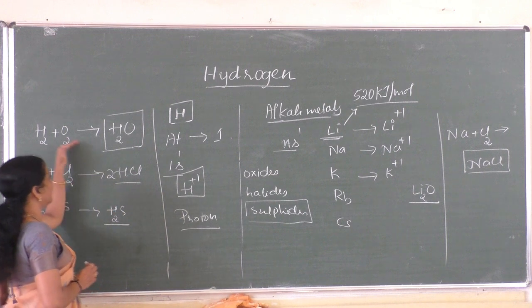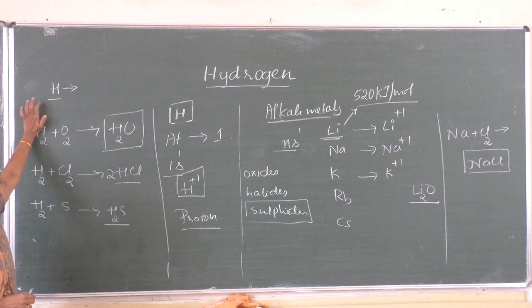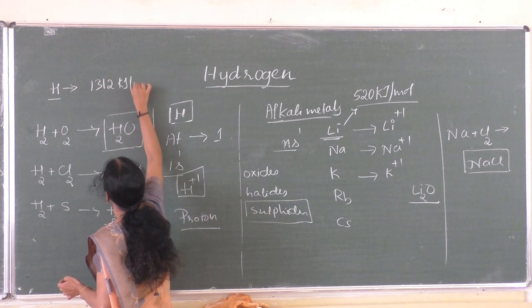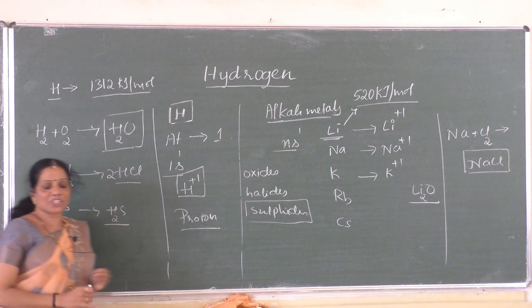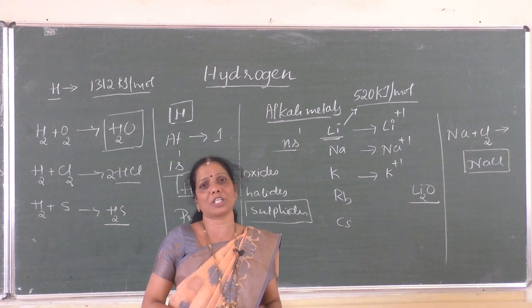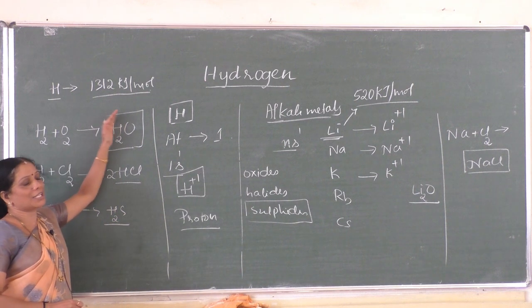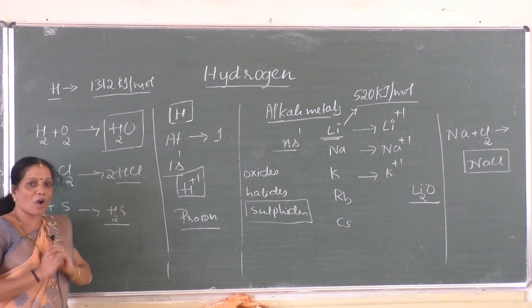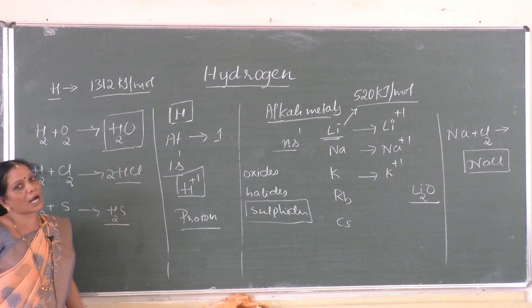Lithium is 520, and here for hydrogen, the ionization enthalpy for the removal of the single electron present in this atom, the amount of energy required is very high, about 1312 kilojoules per mole. Just see the difference. The maximum difference exists in the ionization enthalpy of alkali metal and hydrogen. This is the main difference between what? Alkali metal and hydrogen. That is why hydrogen is not placed in the first group. It is placed separately in the first period in the periodic table, but it is not included in the first group, even though some of the properties are similar to the alkali metal.